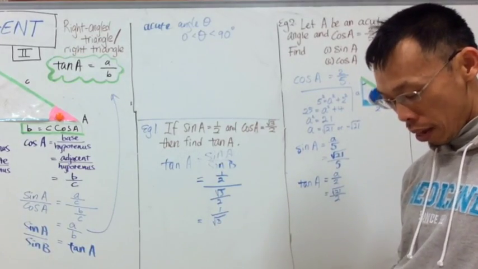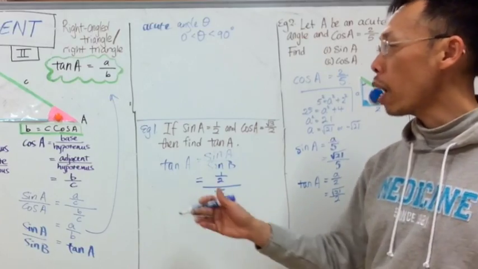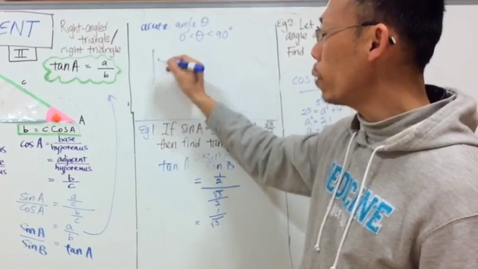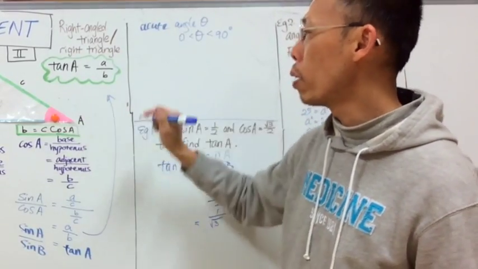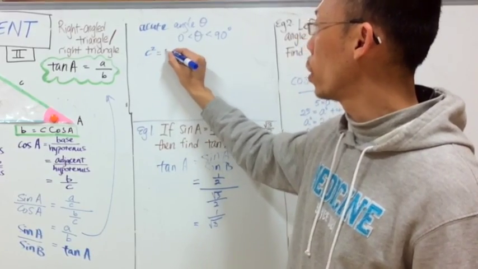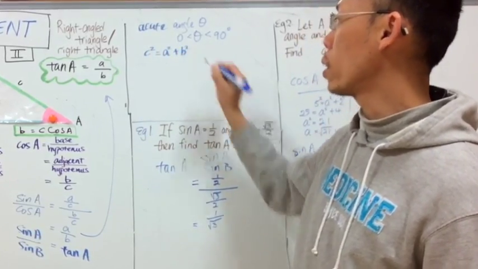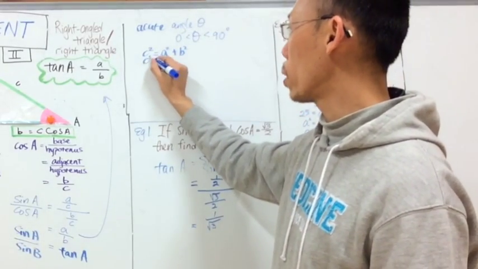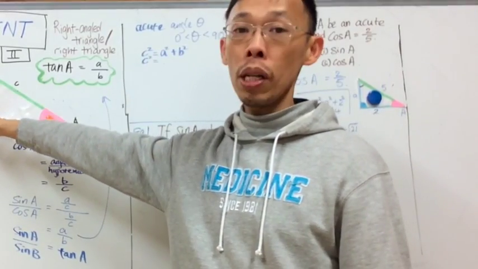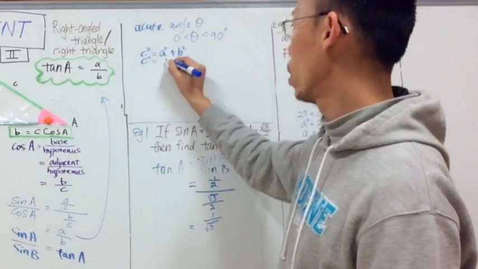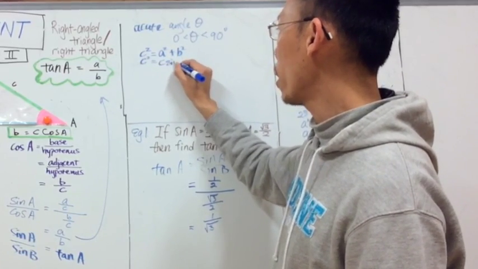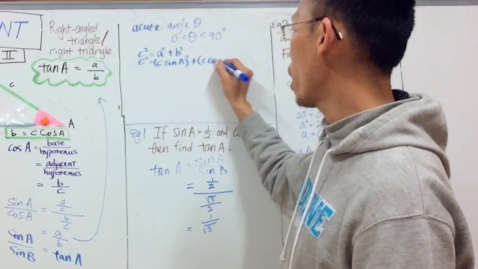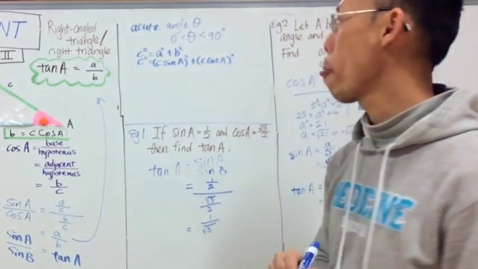Now, returning to tangent, sine A and cosine A, there is another formula that we can obtain. Given any right angle triangle, we know that c squared is equal to a squared plus b squared. That is the Pythagoras theorem. Using what we found in the previous class, this is c sine A, everything squared, plus c cosine A, everything squared.